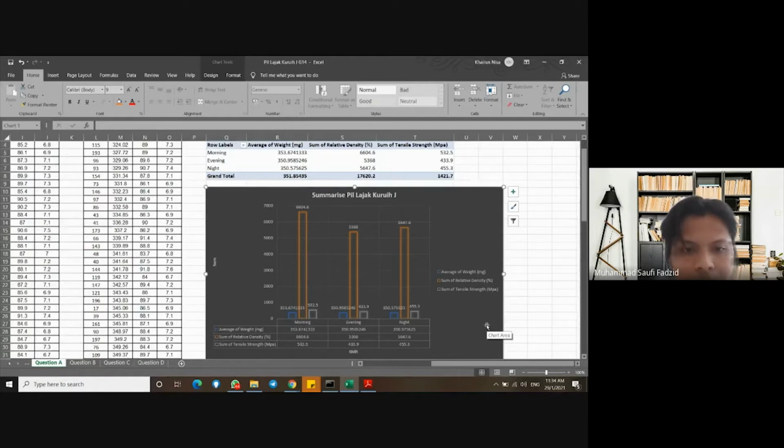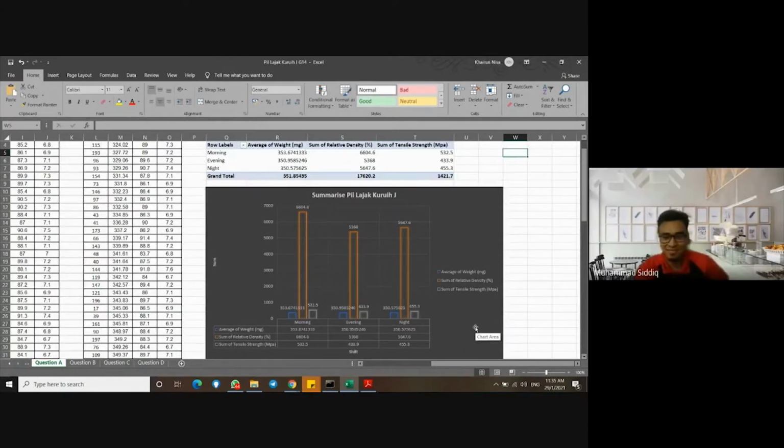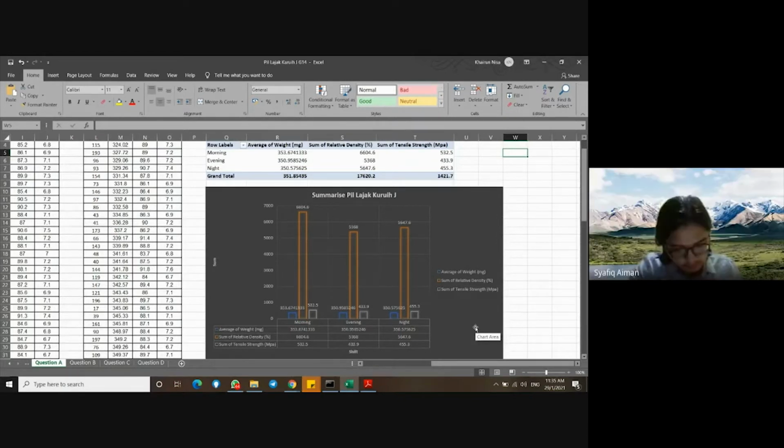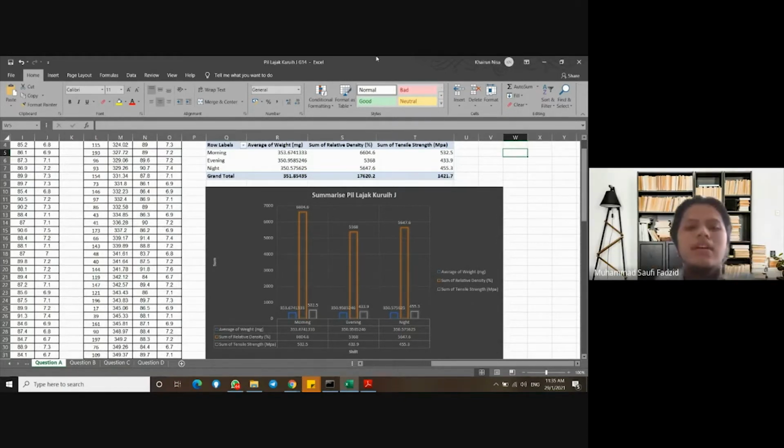Then we can go next to the graph below. For example, we can see the highest sum of relative density is in the morning shift. So from the data, we can compare with the other shifts.